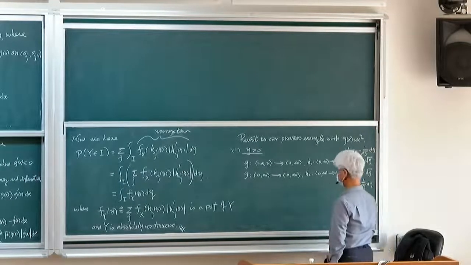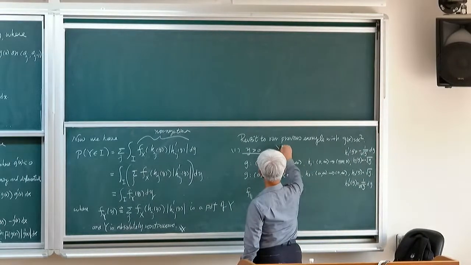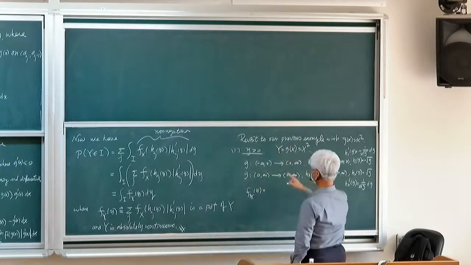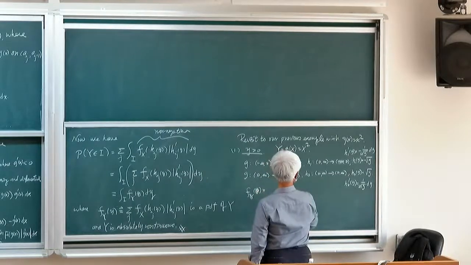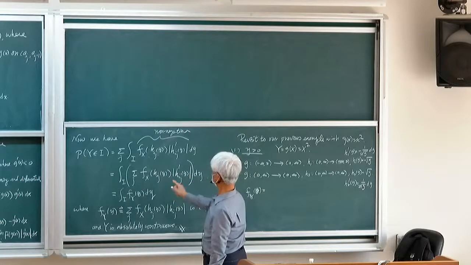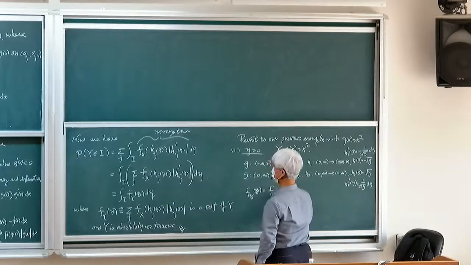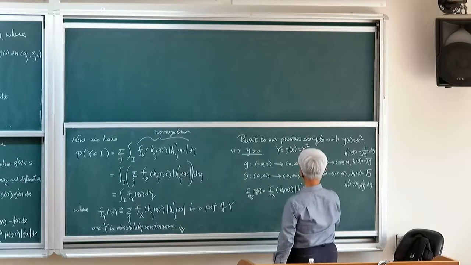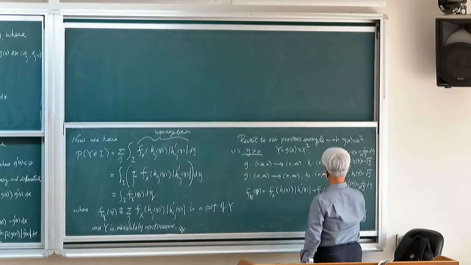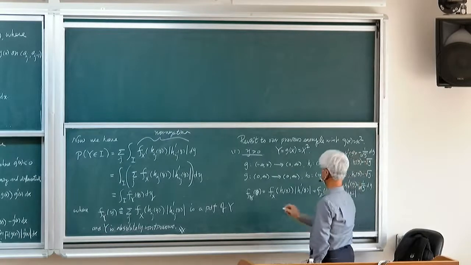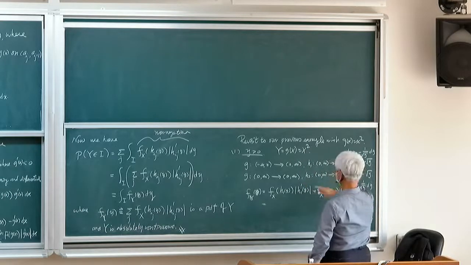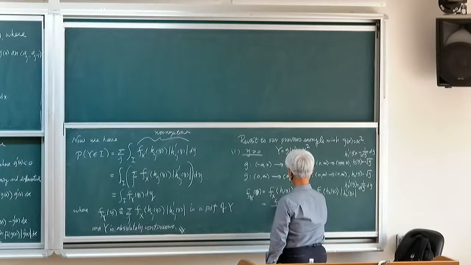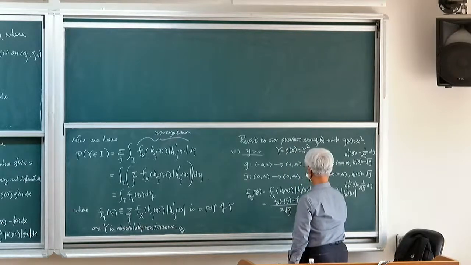So f_Y of little y, because we have two pieces, is f of x at the first piece h1 of y times the absolute value of h1 prime of y, plus f of x at h2 of y times the absolute value of h2 prime of y. The absolute values are the same, 1 over 2 square root of y, and f of x is evaluated at minus square root of y for the first and square root of y for the second.